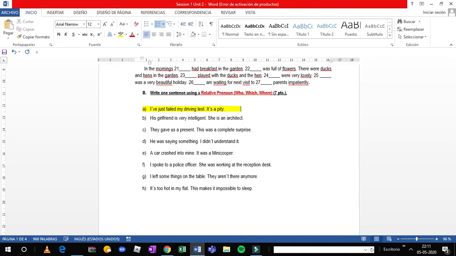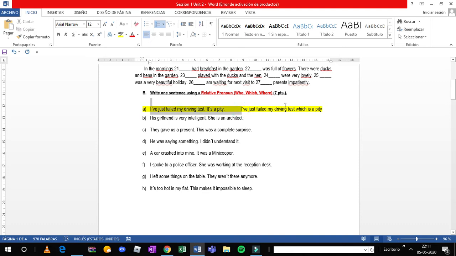In this case, I can write it in this way: I've just failed my driving test, which is a pity. So the sentence doesn't change, but I just include a relative pronoun to make it easier to read.